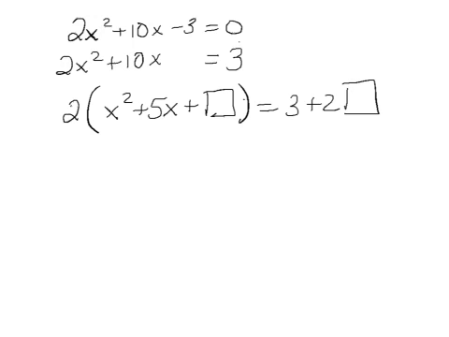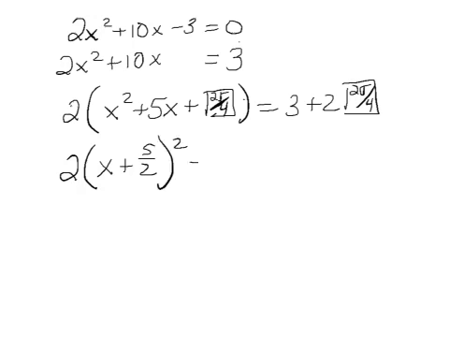5 divided by 2 squared is 25/4. So this is 2 times x plus 5/2 squared, which is equal to 3 plus 25/2, which is 6/2 plus 25/2, which is 31/2.